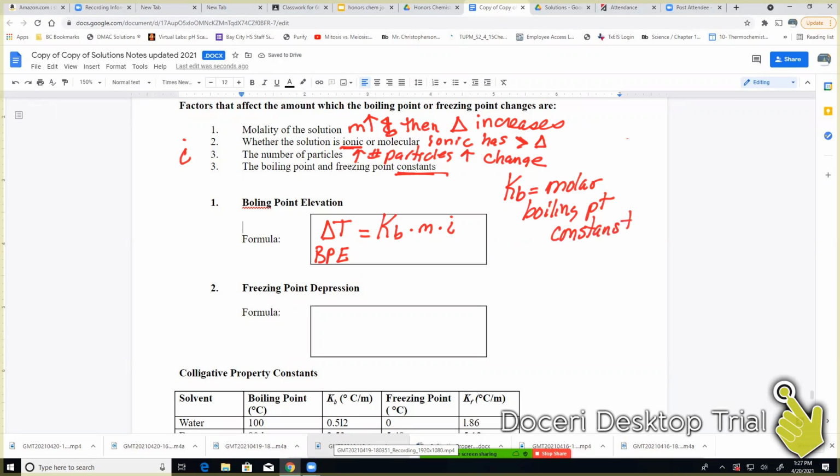And like I said, that's either going to be given to you or you'll see in a minute, there's a little table that would have that listed. m is molality. I is the number of particles. It never gets all the way down to 0. The smallest it can get is 1.